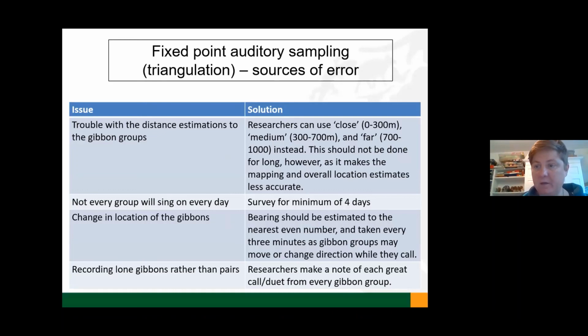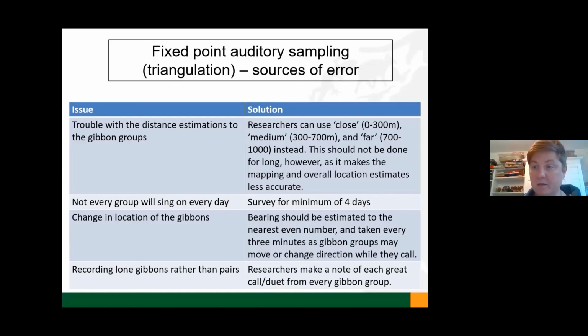Any survey method like this, where you're not counting every single individual animal, always will have some sources of error. One of the sources of error that we hopefully have sorted by having the new statistical software is that people who don't necessarily have much experience can under or overestimate the distance from the human group to the gibbons. As I said, not every group will sing every day.